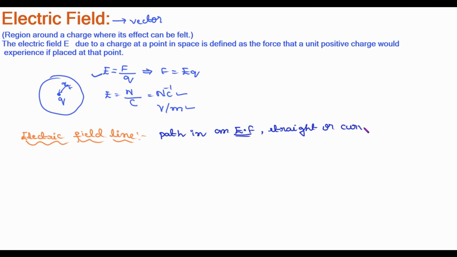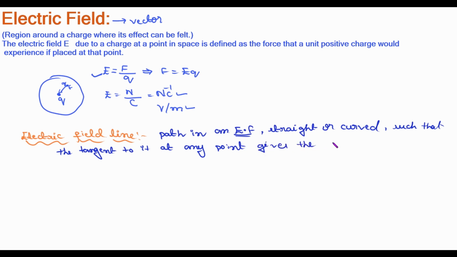It can be both straight or curved, such that the tangent drawn to it at any point gives the direction of the electric field at that point.